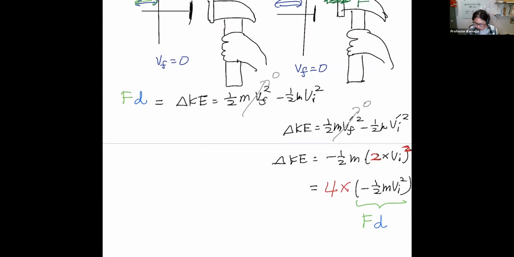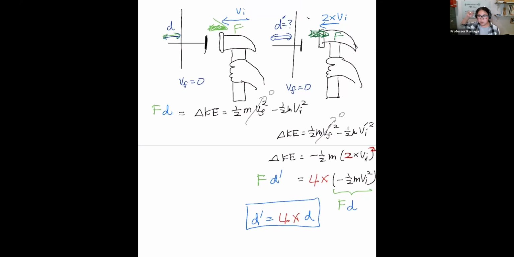So the new distance F D prime is 4 times D. If you hit the hammer with twice the speed, instead of going double deeper, the nail goes 4 times deeper.